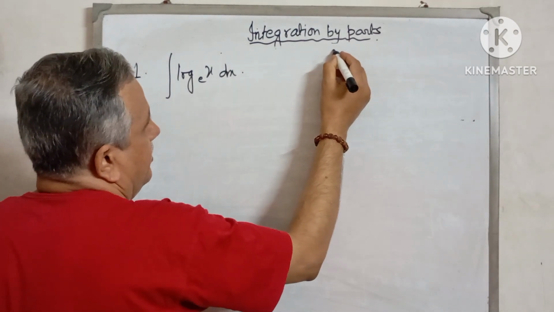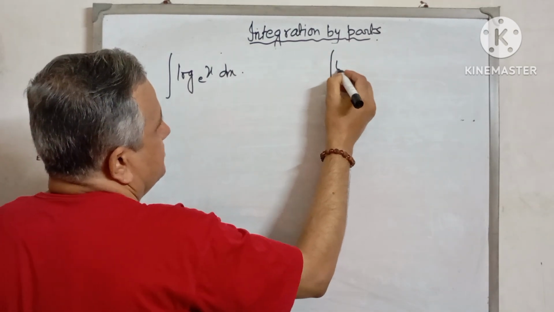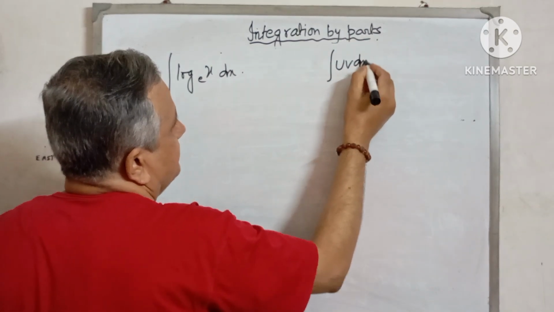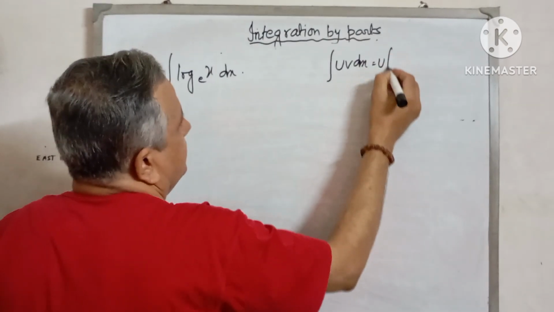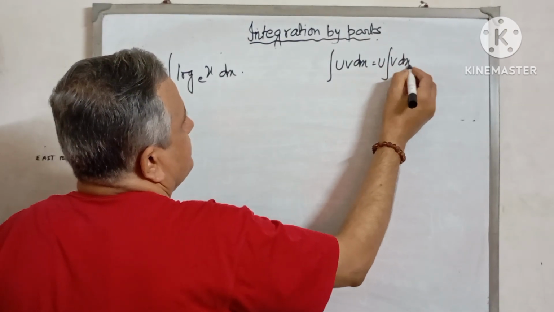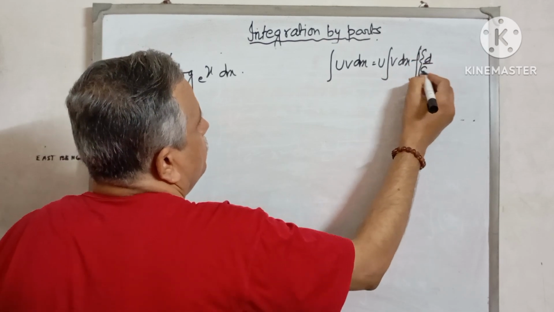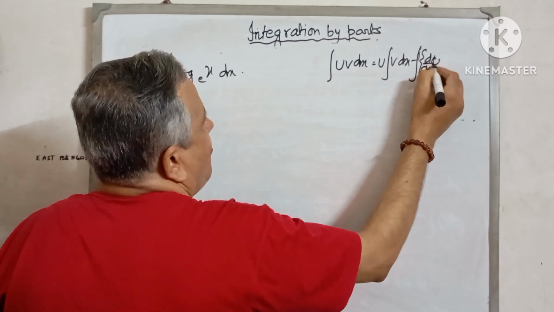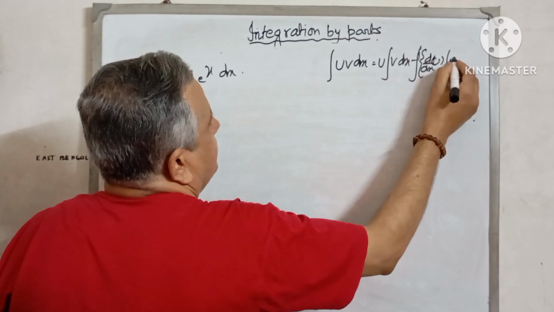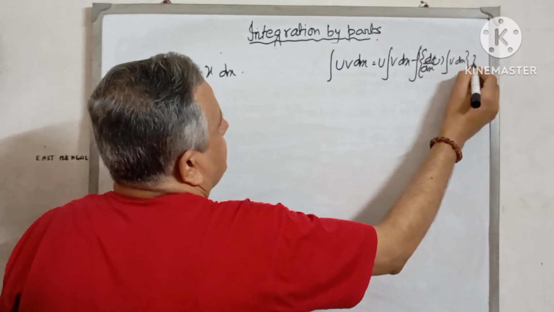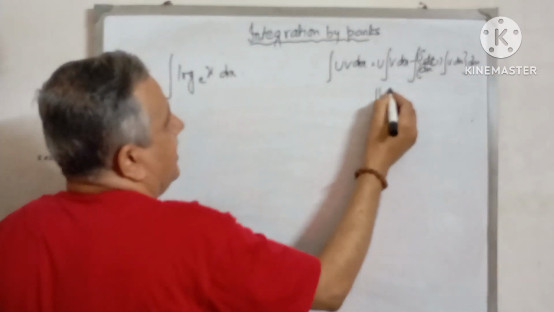We write the rule of integration u into v dx, that is u integration v dx minus integration of d/dx of u into integration v dx, whole dx, and we use the usual ILATE rule.